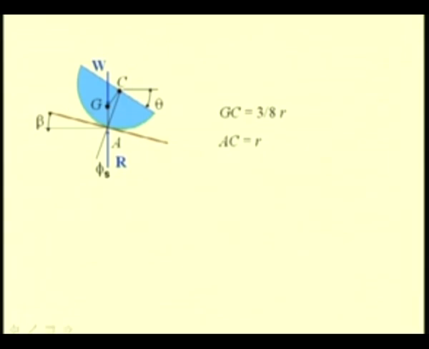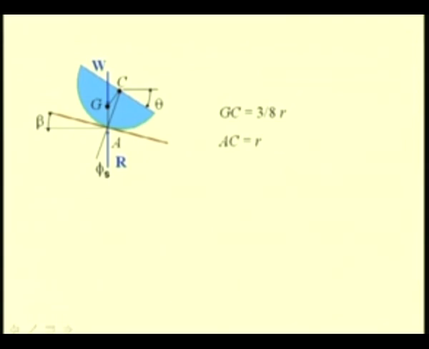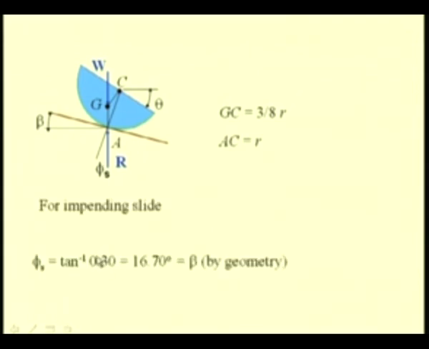For the impending motion case where the hemisphere starts to slide along the incline, the angle between the resultant and the normal to the inclined plane is equal to phi s, the angle of static friction. Since we know the coefficient of friction as 0.30, we can determine the value of phi s, and that is equal to this angle beta from geometry.